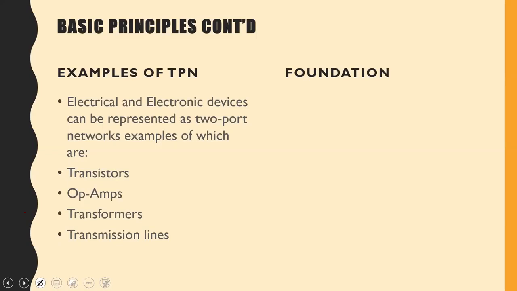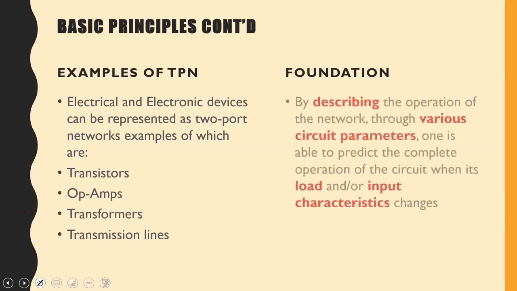All right. Now, just to provide some context in a lot of what we'll be doing as far as two-port networks is concerned. We can describe the operation of a network using different circuit parameters, okay?